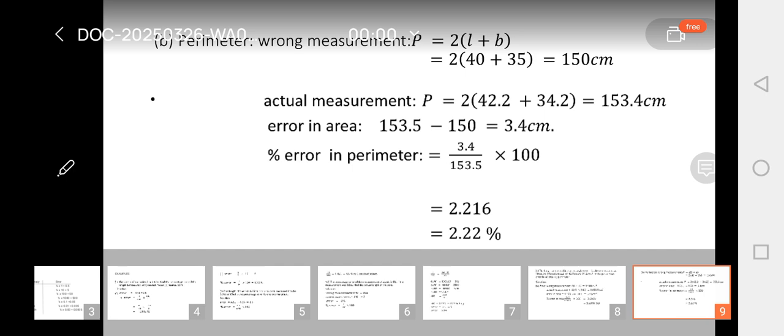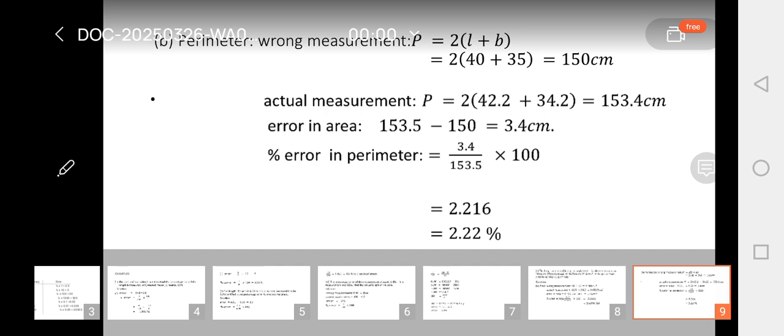So for the perimeter, wrong measurement. Remember that perimeter of a rectangle is 2 bracket length plus breadth. And that will give you 2 bracket 40 plus 35, which is 150 cm, using the wrong measurement.